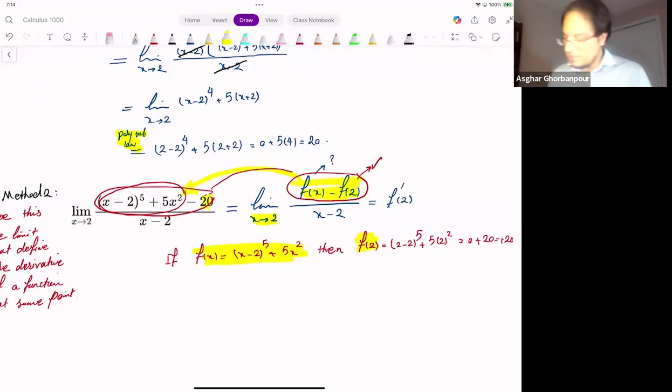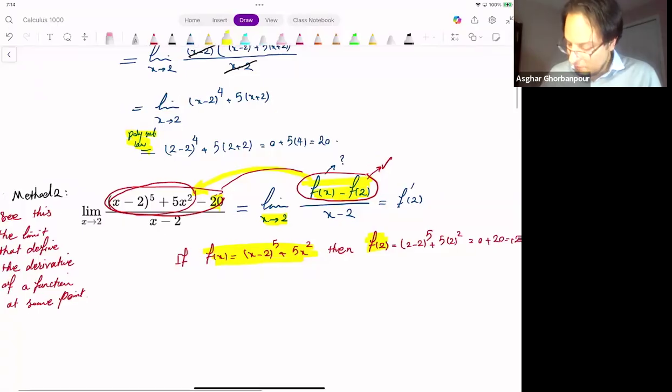Put together all the x terms as f of x, and since you get 0 over 0, the constant part should play the role of minus f at that point.